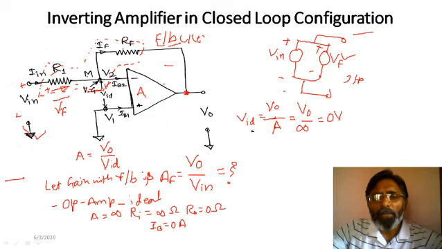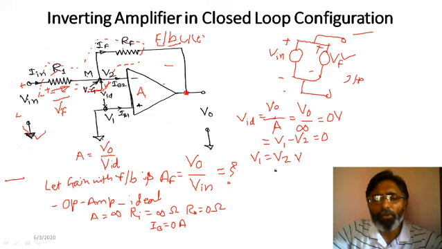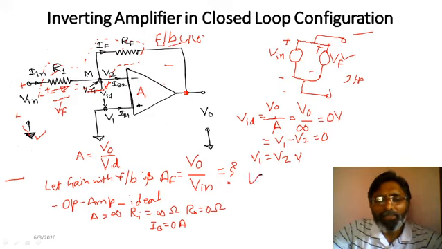But we know that VID is equal to V1 minus V2, which is equal to 0. So what will happen in this case? Your V1 will be equal to V2. But in this case V1 is 0 volt. So because of this, your V2 will also be at 0 volt.